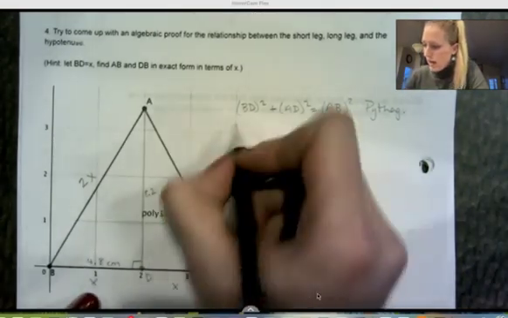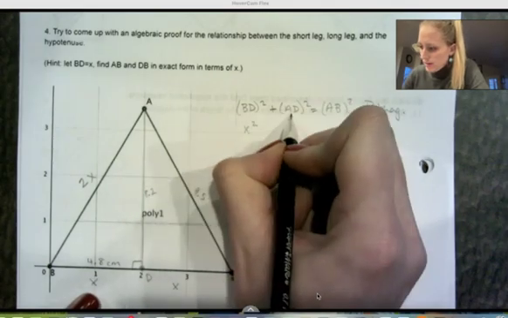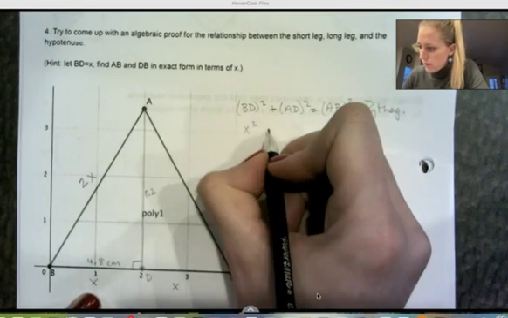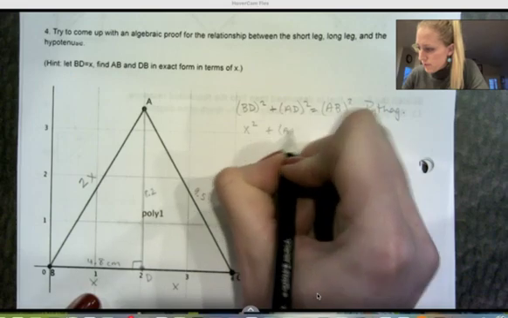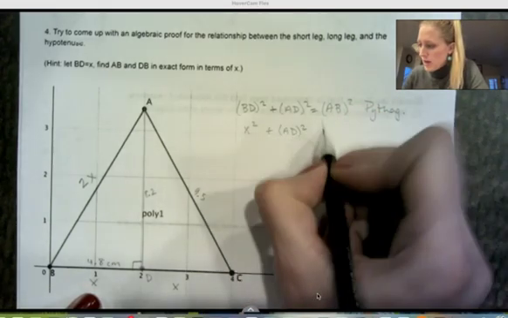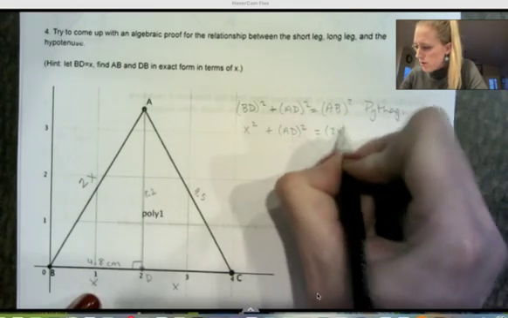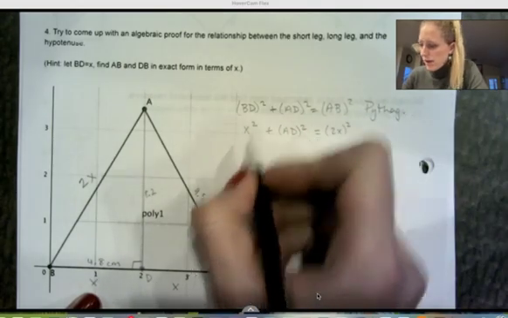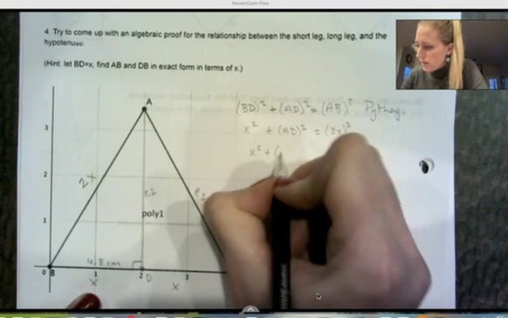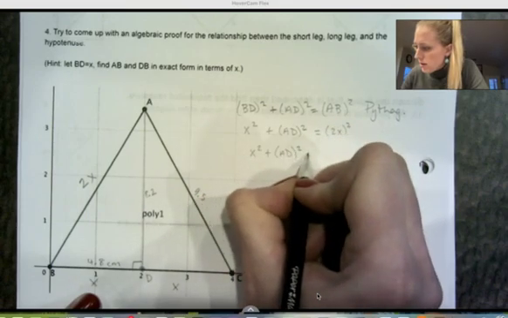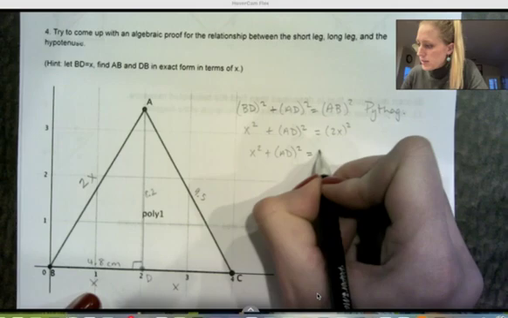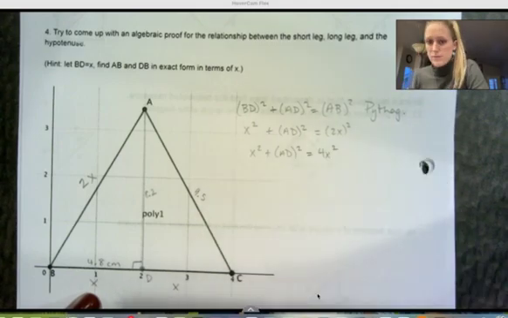BD is x, AD is my unknown, and AB is 2x. So here I have x squared plus AD squared equals, this is 2x times 2x, which is 4x squared.